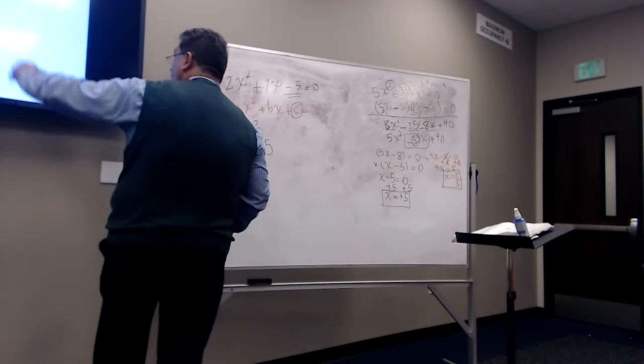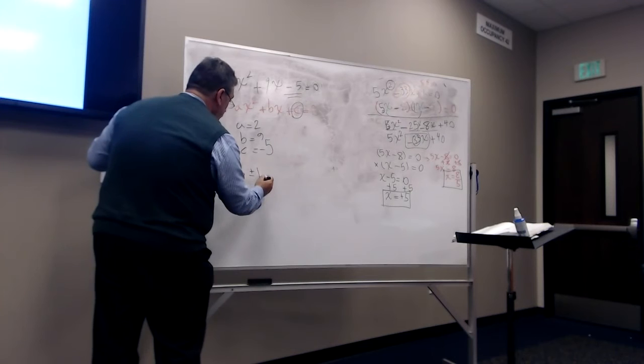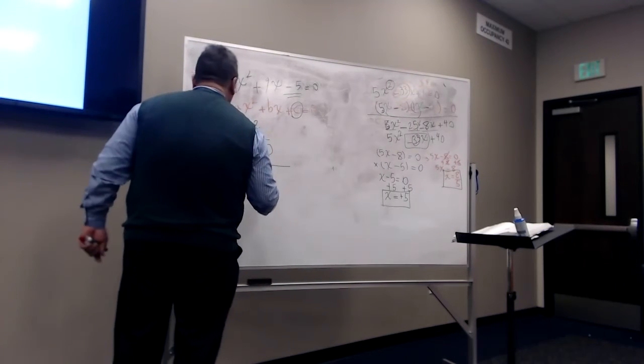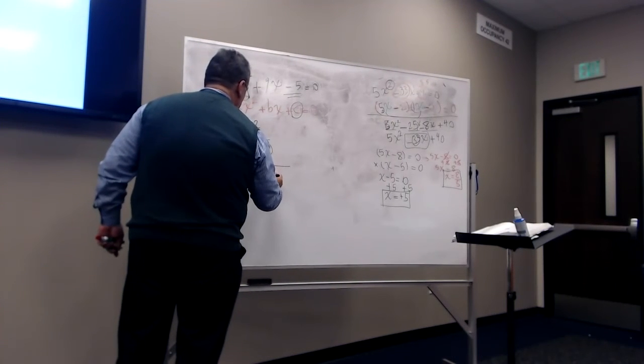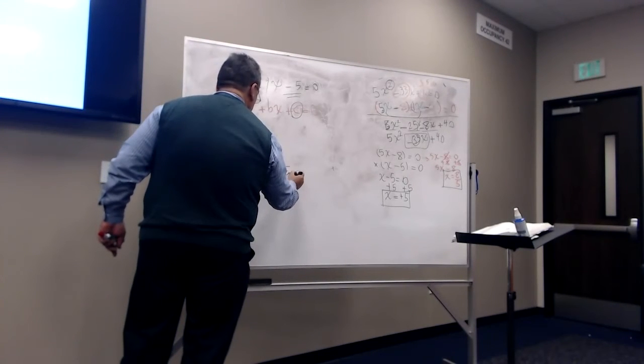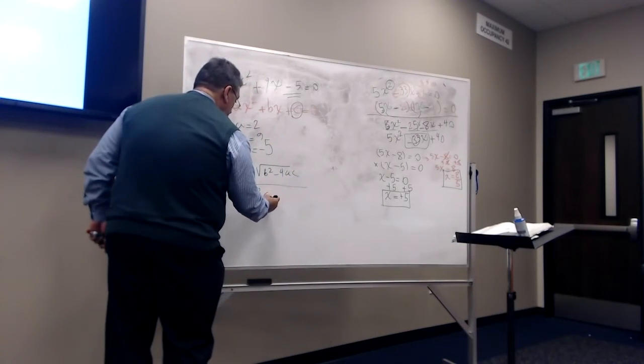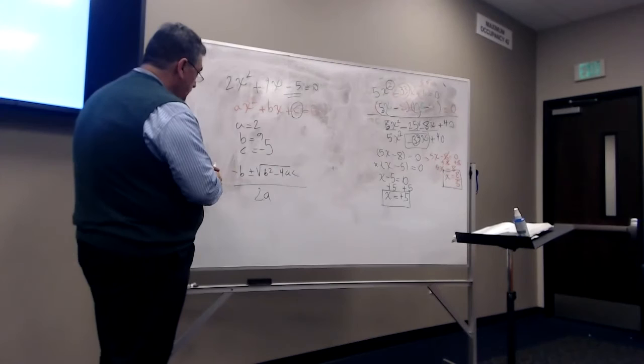Then you have that equation: x = (−b ± √(b² − 4ac)) / 2a. You just plug in these numbers.